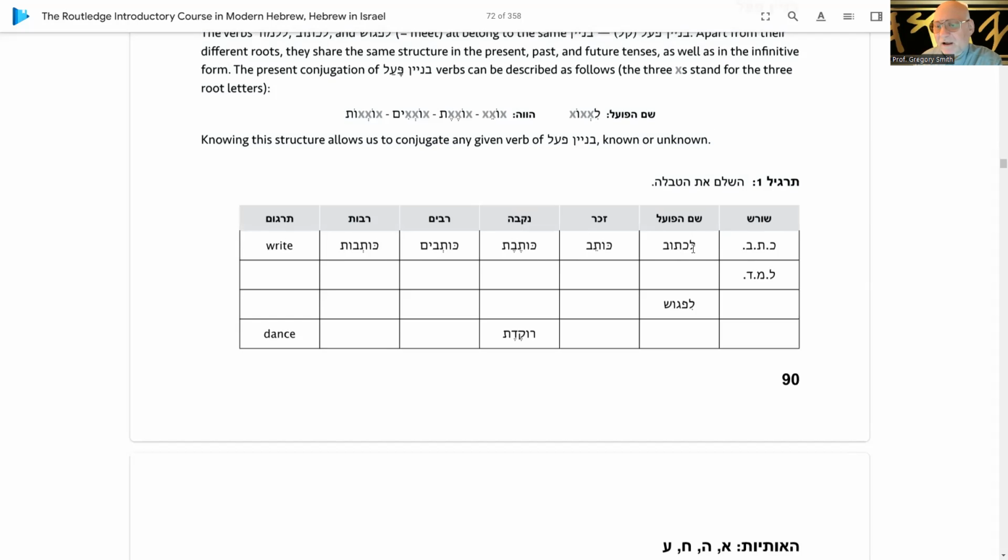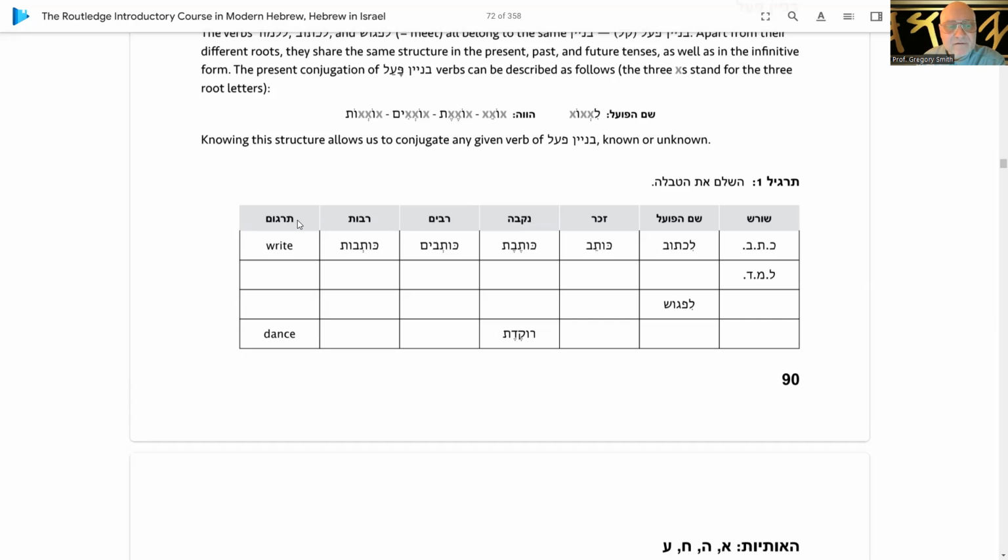For example, katav, to write, has to do with writing of some sort. And then zachar would be masculine singular, nekeva feminine singular, rabim would be mixed plural, because it could include women as long as there's at least one man. It defaults to the masculine plural. And then rabot is feminine plural.